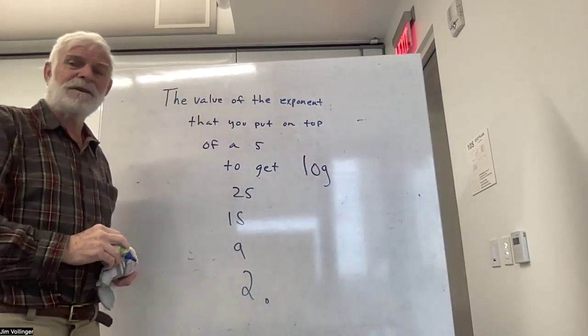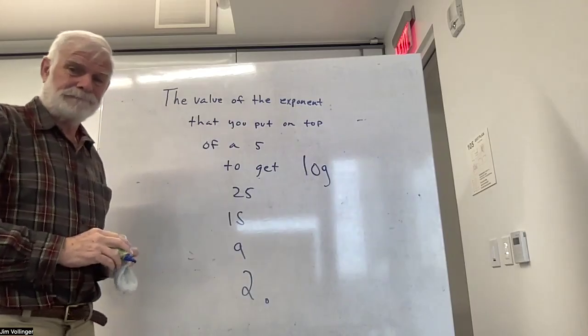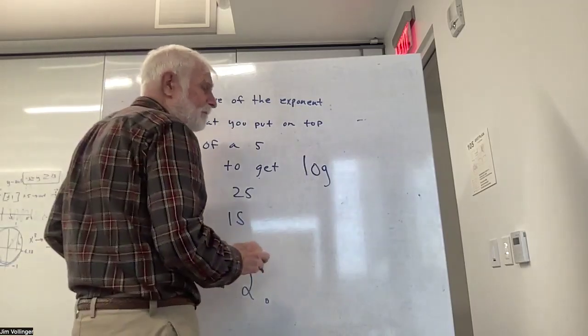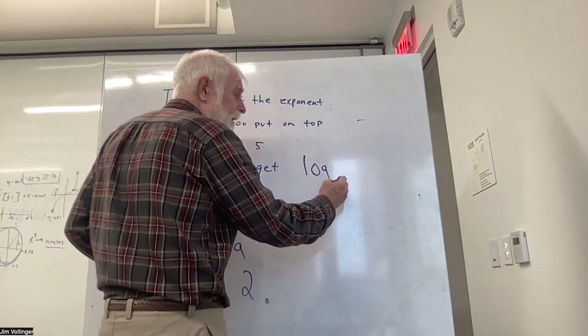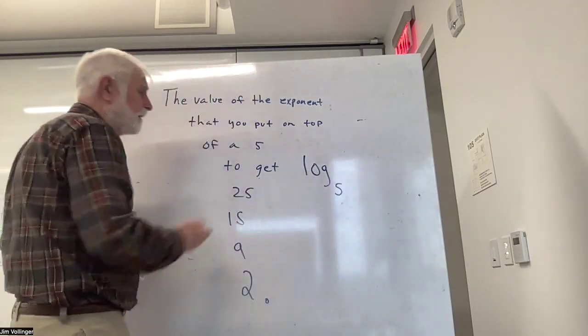Exponents, values of exponents that you put on top of a base. And in this case, the base is a 5.